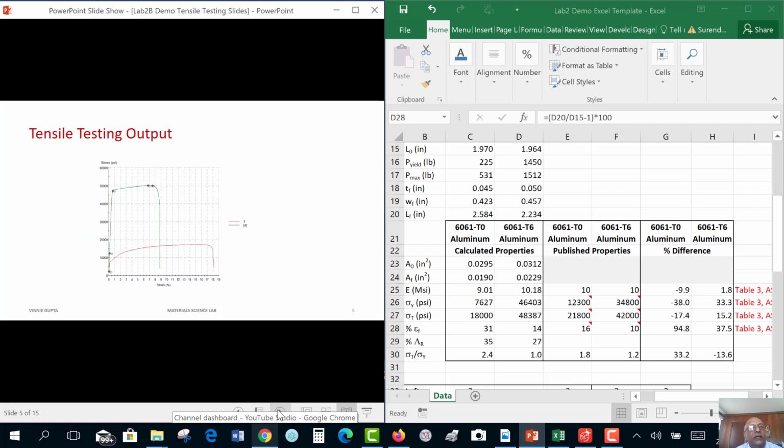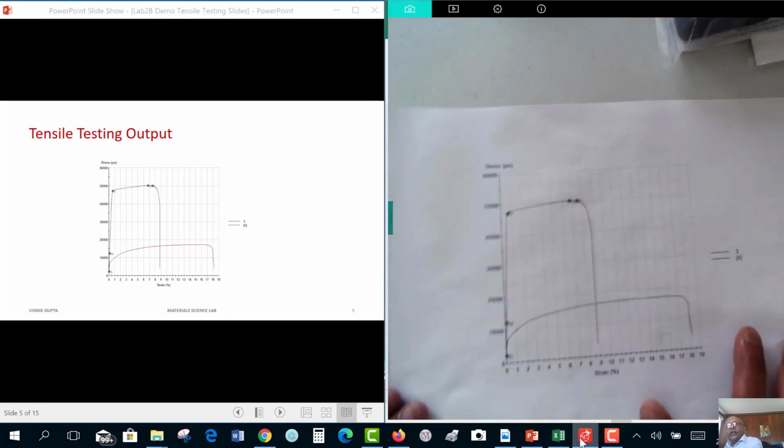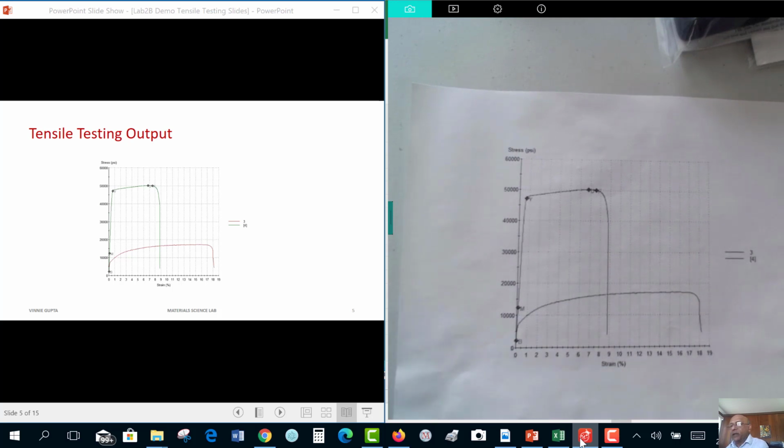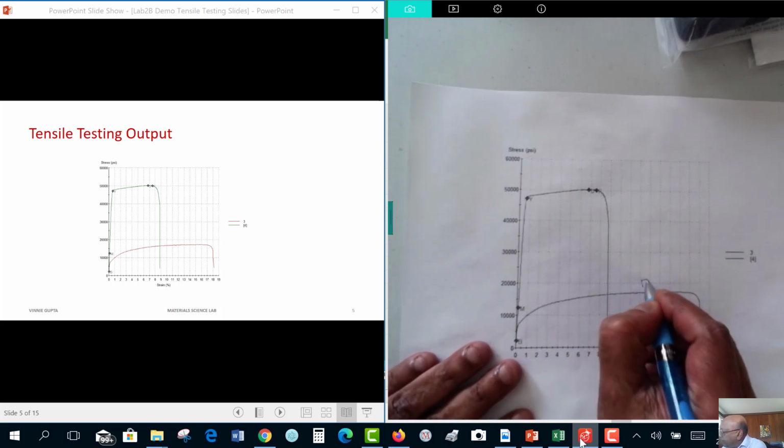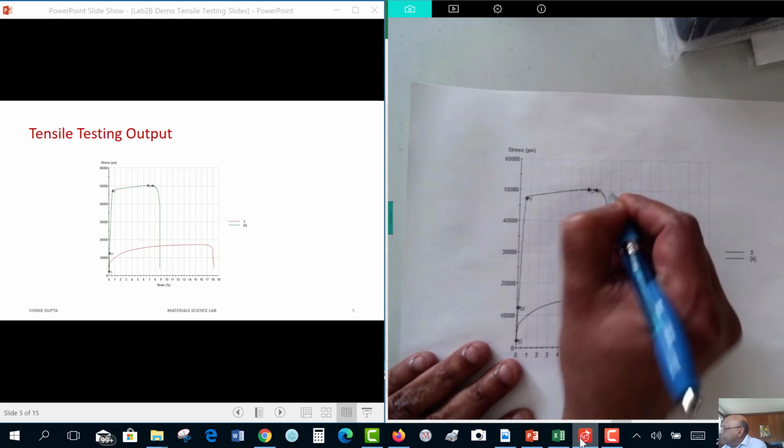But let's look at our curves. So when we look at our curves qualitatively, here is our curve. And remember, this is for red, this is for green.